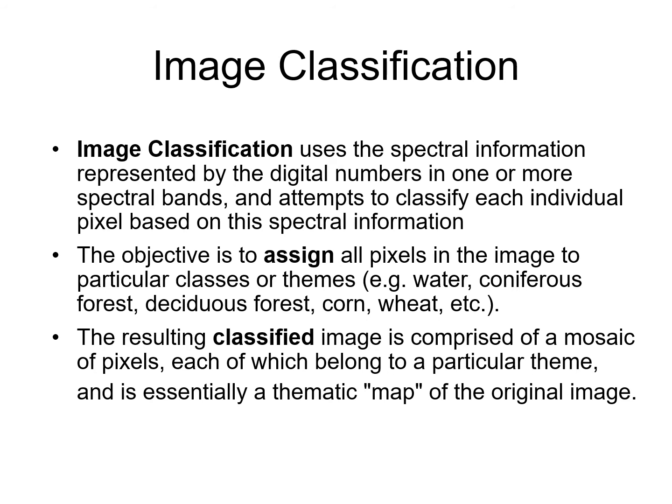Okay, so the objective is to assign all the pixels in the image to particular classes or themes. So classes or themes could be water, it could be coniferous forest, deciduous forest. You could be doing an agricultural classification, so the classes might be corn or wheat. And then the resulting classified image is a mosaic of pixels, each of which belongs to a particular theme. And so you then have a thematic map of the original image.